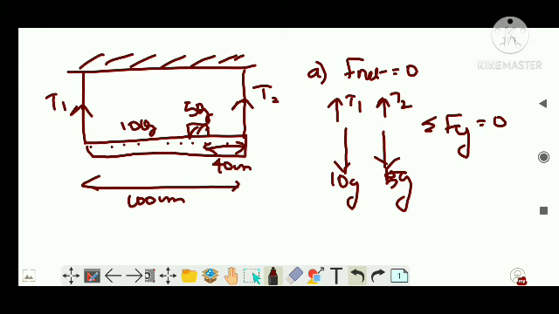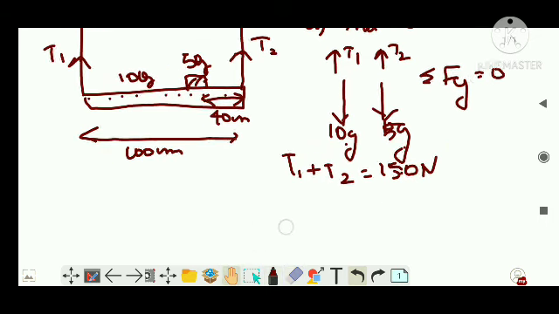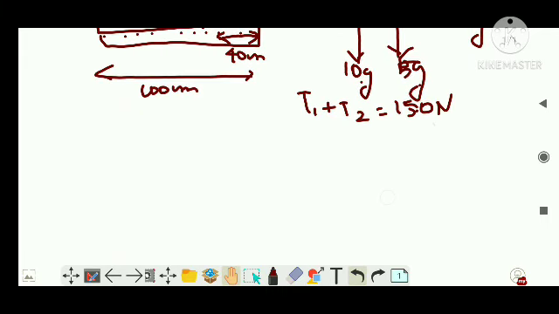So can't I write T1 plus T2 is equal to 15g, 10 plus 5g? Substituting g as 10, it becomes 150 Newton, right? Clear? Now keep this one, we require this equation.